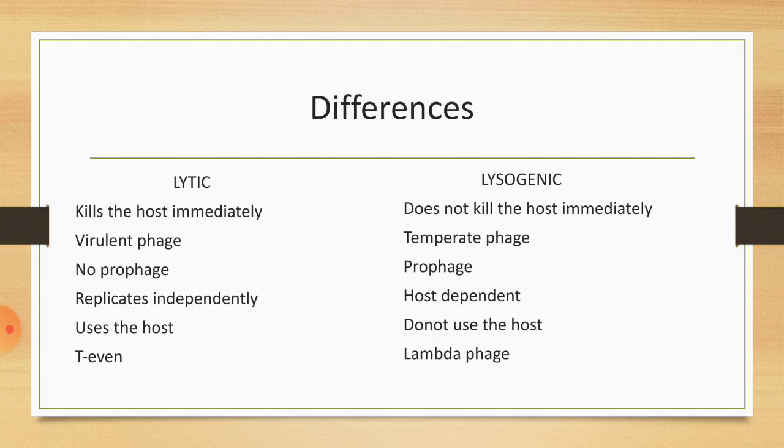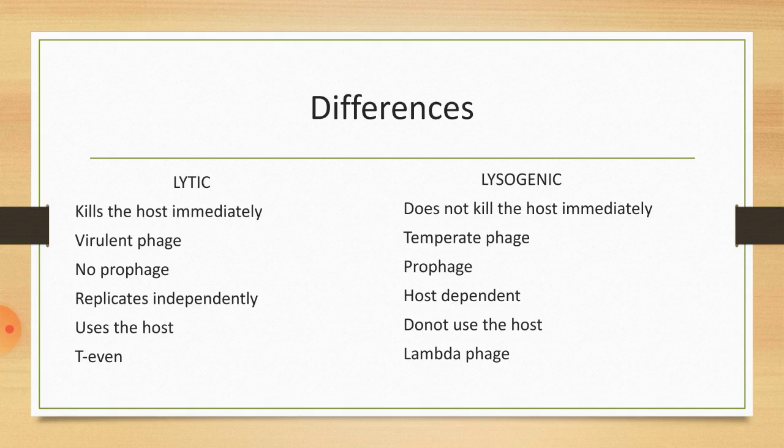And the third difference between the lytic and lysogenic is, here the viral genome does not get integrated with the bacterial genome. Hence, we cannot see prophage over there. So no prophage here. In the lysogenic life cycle, both the bacterial genome and the viral genome get integrated, so that they form prophage. Prophage can be seen in the case of lysogenic.